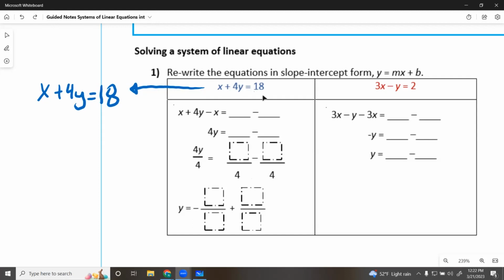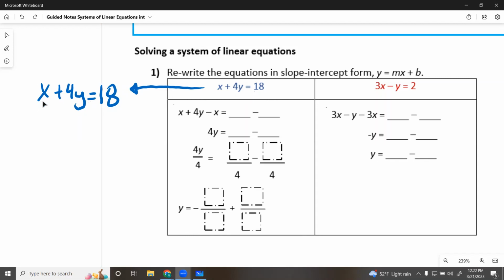When we have an equation, I highly recommend you get scratch paper to do this type of stuff on. We have plenty at the office, but you take the equation and we have to solve for the variable. So in order to solve for the variable, we need to simplify the equation.